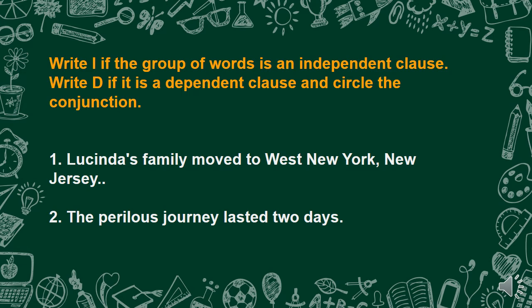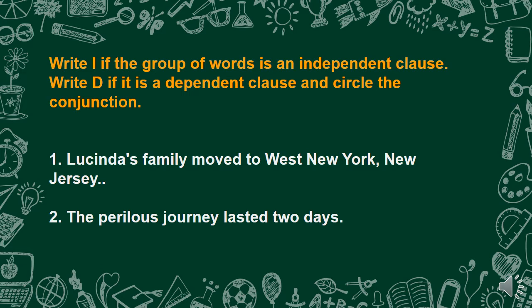Let's look at some more examples to make the concept clearer. Write I if the group of words is an independent clause. Write D if it is a dependent clause, and circle the conjunction. Okay, Lucinda's family moved to West New York, New Jersey.